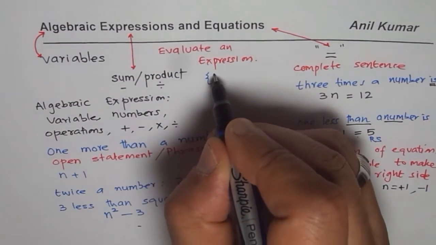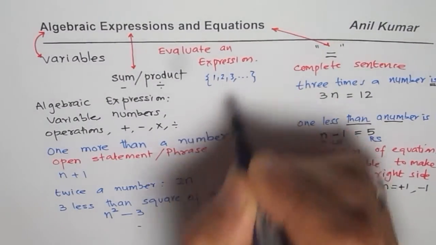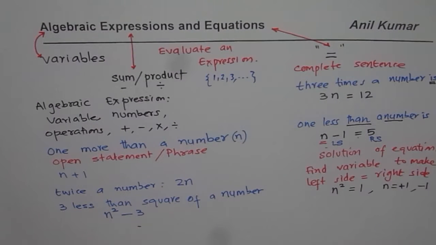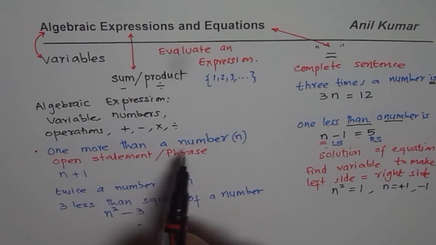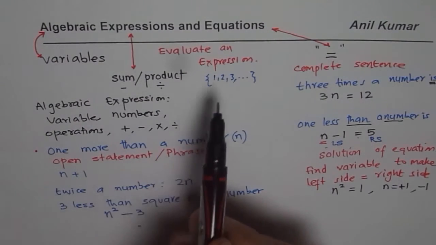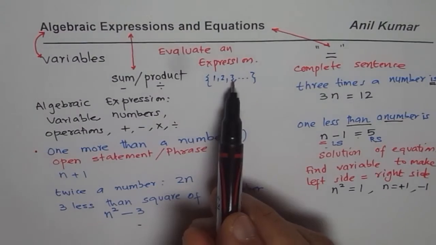We'll say you can use values like 1, 2, 3, and so on, and for different values evaluate your expression. That is to say, if my expression is, let us say, 1 more than a number, I could write all the numbers. What could be 1 more than 1? What could be 1 more than 2? What could be 1 more than 3?